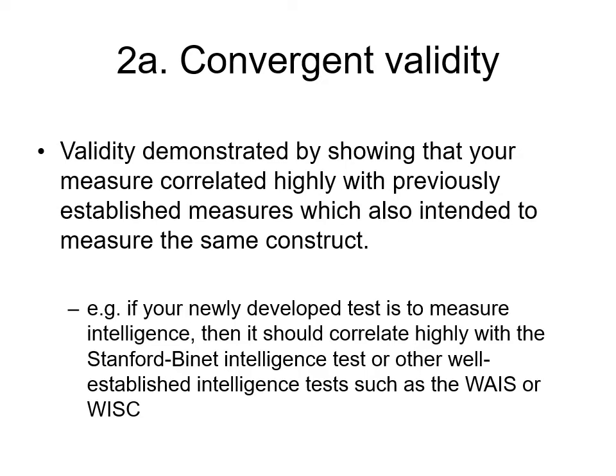If you give it to a person who is not so intelligent by the standard of the Stanford-Binet, they should do pretty poorly on your test. This is how convergent validity works: the data derived from your newly developed test should correlate very well with previously established measurements.